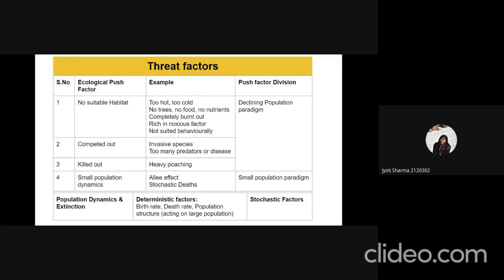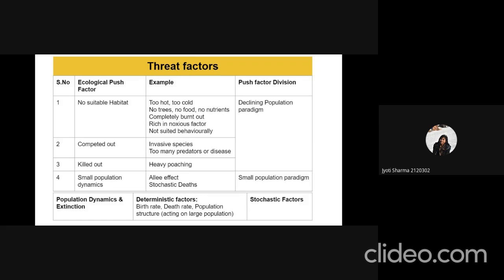Then it may happen that because there is a natural forest, and humans think that they are not getting that much benefit from that natural forest, I should grow the mango tree. There are some birds that like to live on, let's say, the peepal tree, but their behavior is like that they can't live on this mango tree.